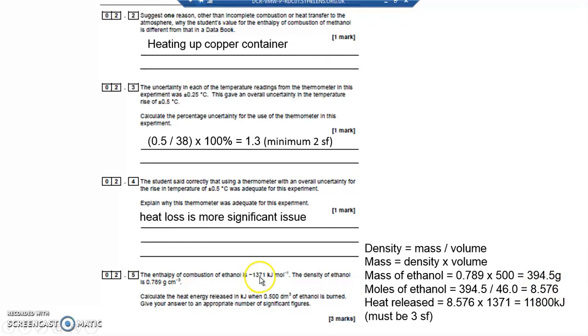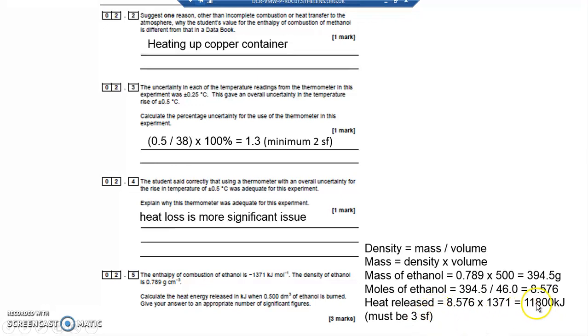Well, minus 1371 kilojoules are given out per mole when I burn 1 mole. So the question is saying how much energy would be given out if I burn 8.576. So it's minus 1371 kilojoules for 1 mole multiplied by 8.576, and it comes out as 11800 kilojoules of energy released.